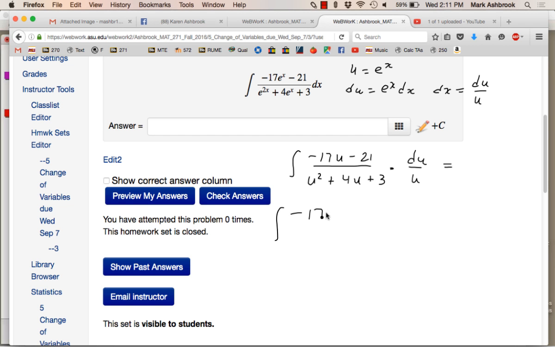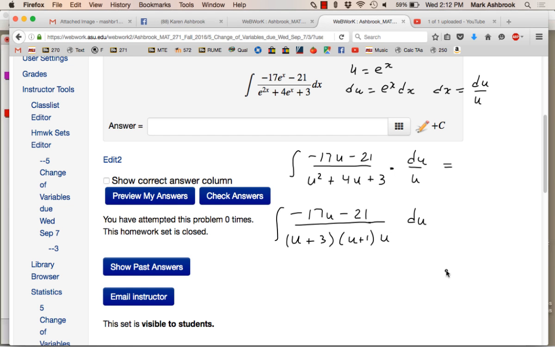Okay, so minus 17u minus 21 over, this factors as u plus 3, u plus 1, but times u, right? So now you actually have 3 factors in the denominator, because that u doesn't cancel out with anything in the numerator.